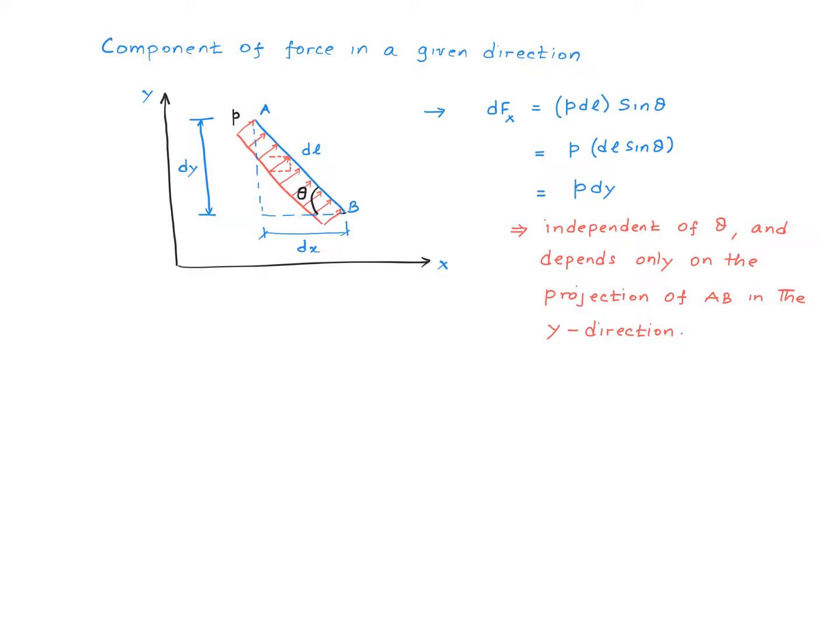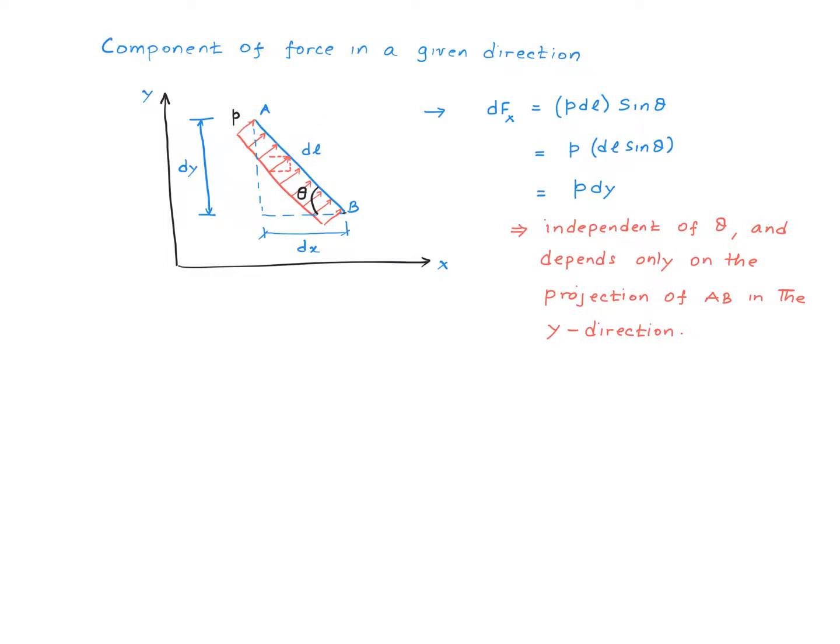So here's my analysis. dFx, which is the force due to the pressure in the x direction, equals p times dl, which is the force due to the pressure on the plate, and this force is acting in that direction, right? So I am interested in the horizontal component, and therefore I need to multiply that by sine theta in order to resolve that force in that direction.